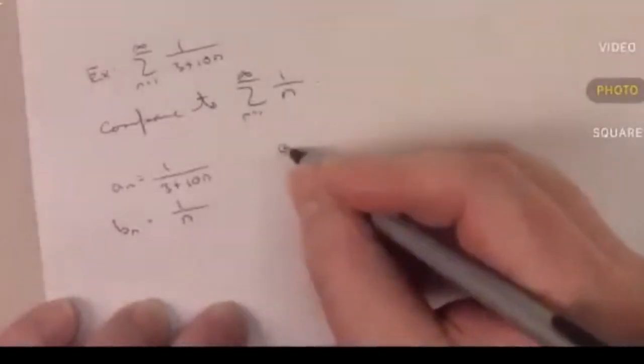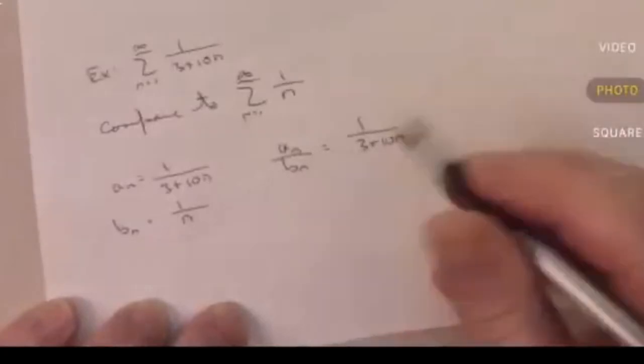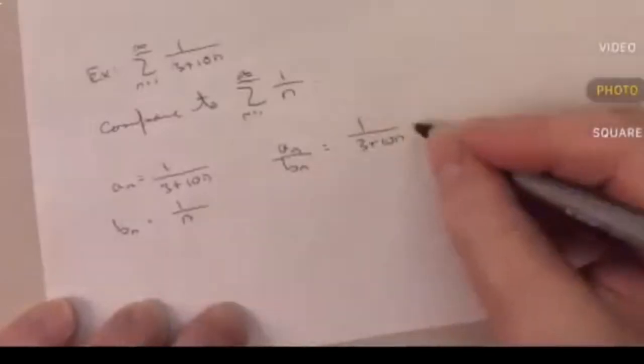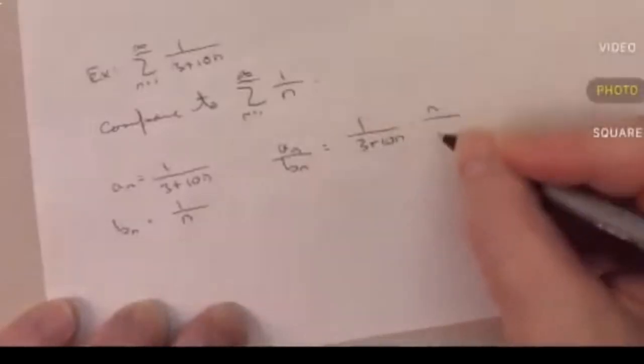Going to look at the quotients. And I get 1 over 3 plus 10n divided by 1 over n, which is the same as times n over 1.